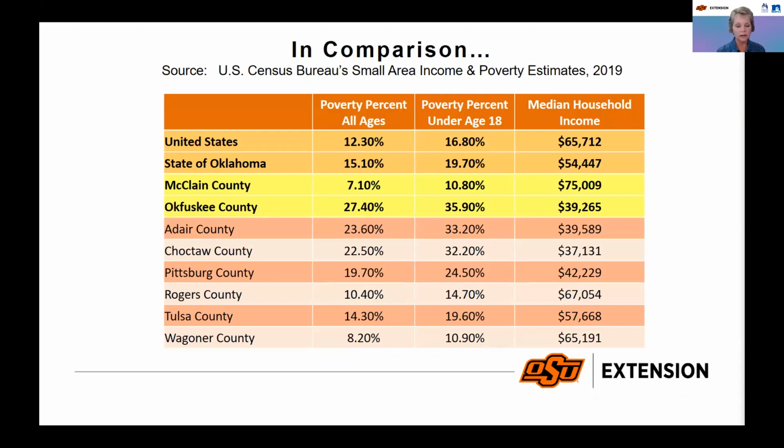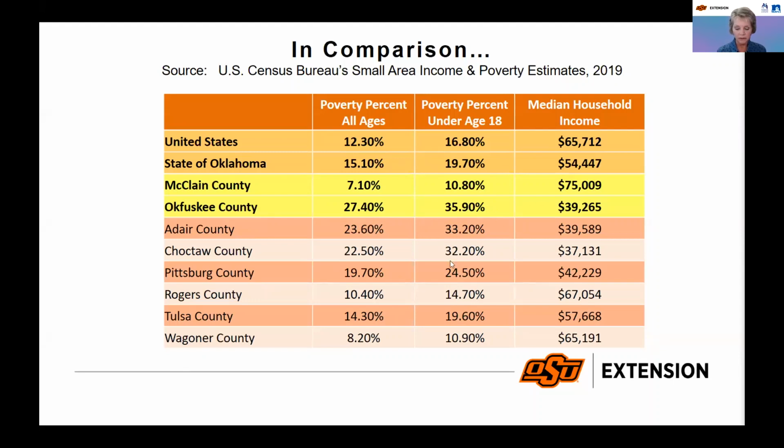Another comparison from the US Census Bureau compares the US and Oklahoma with a few of our counties. The first column is poverty for all ages. The middle column is those under 18 who live in poverty. The last column is the median household income. You can see the vast variety of differences between counties. Oklahoma's poverty percentage for all ages is 15.10%, which is still higher than the national average of 12.30%.